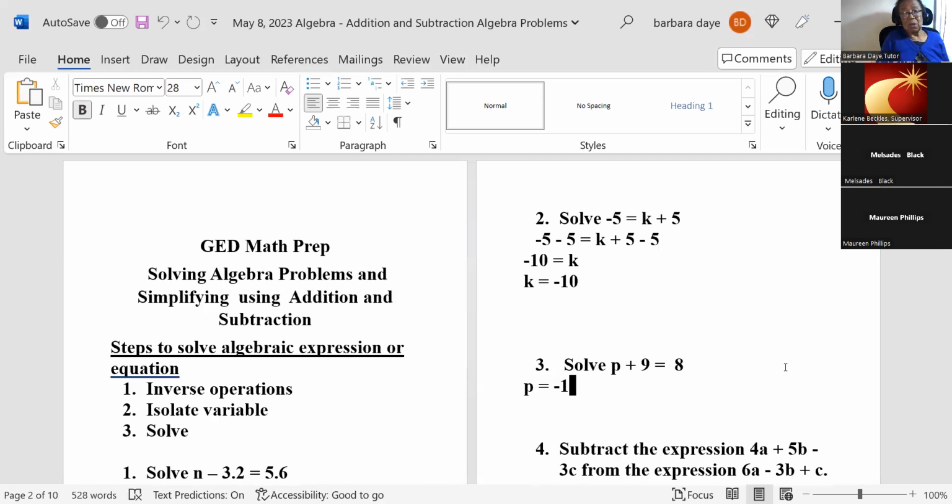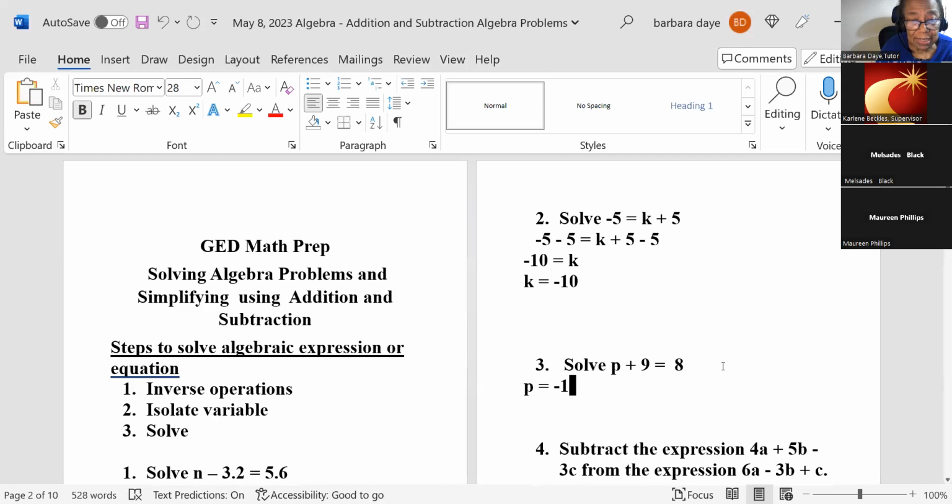No, I'm a bit confused right there. Okay, Mercedes, you said P was a 1, right? Yeah. Put a 1 right here for the P. Substitute a 1. What's 1 plus 9? 10. Is that equal to 8? Yes or no? No. So that can't be right.